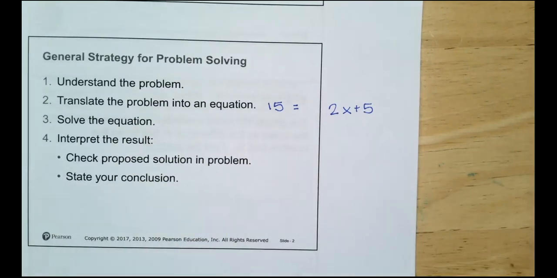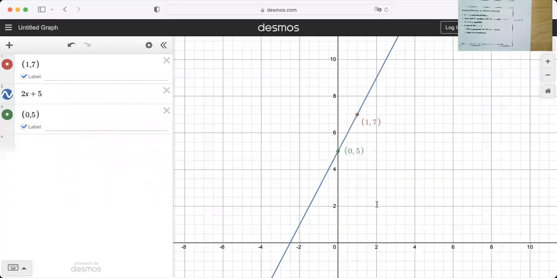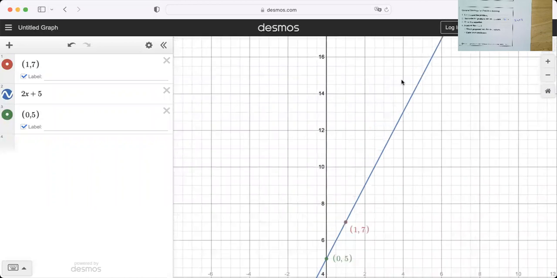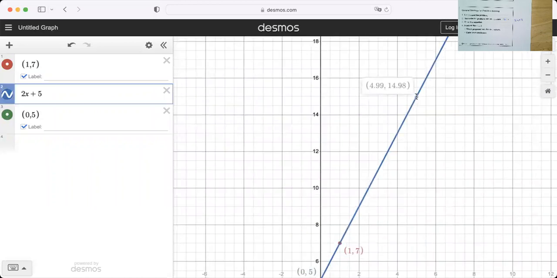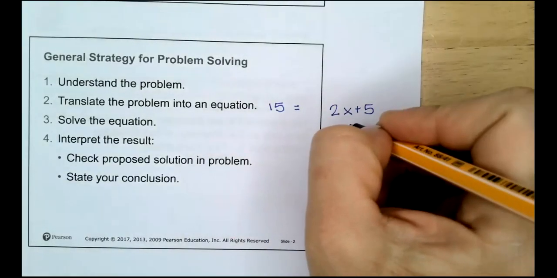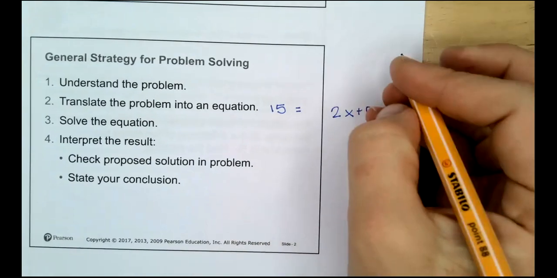Let's go back to Desmos. When y is 15, y is this, the up and down. When y is 15, x is going to be the number 5. See that? Or we can solve for it, okay?